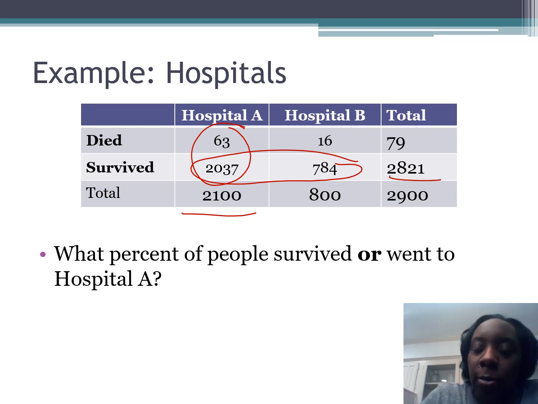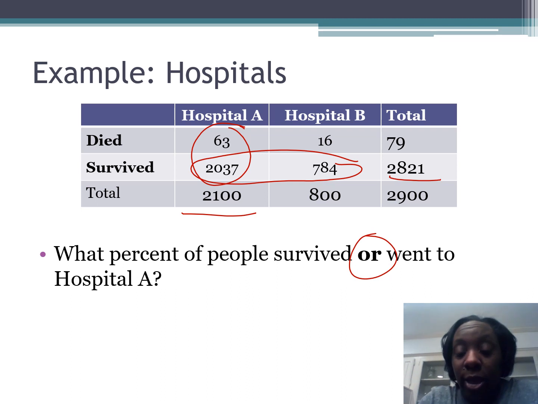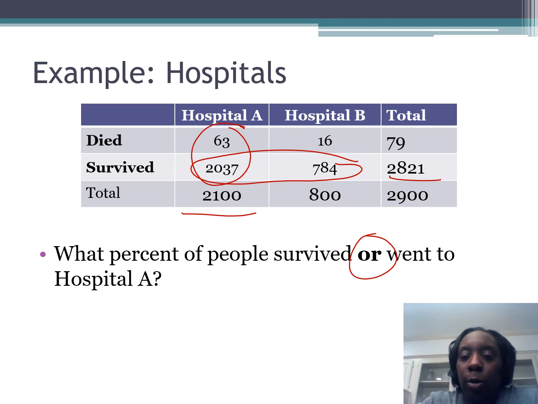The problem is I have a number that is shown twice. If I was just to add hospital A and survive, which or in probability normally means to add. But the problem is I'm going to have too many people and I'm going to be over my total.